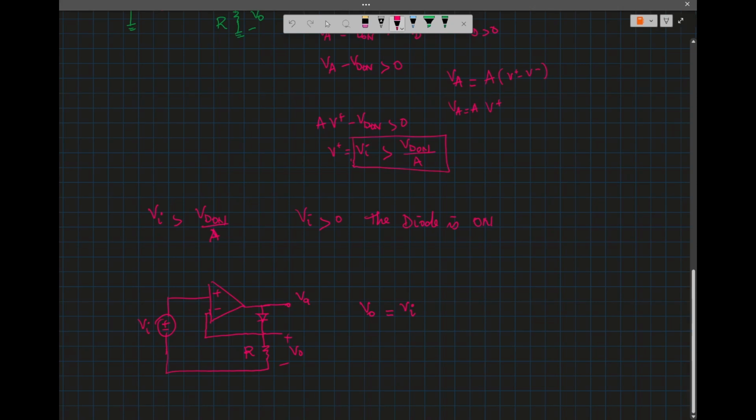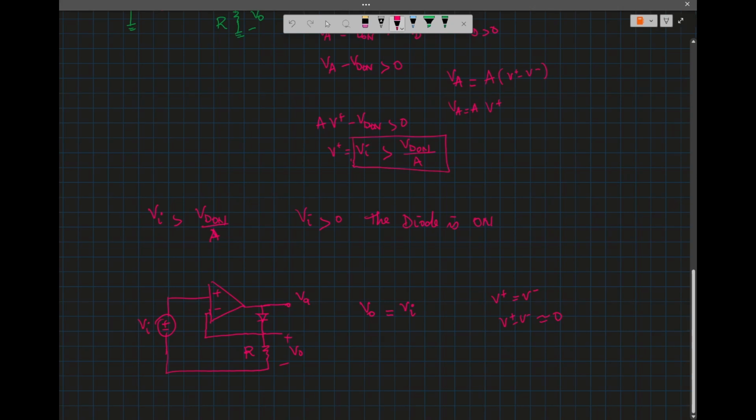right? Because when the circuit starts operating, with negative feedback, VI would tend to be equal to V plus, right? Will tend to be equal to V minus, meaning that V plus minus V minus must be almost equal to 0.